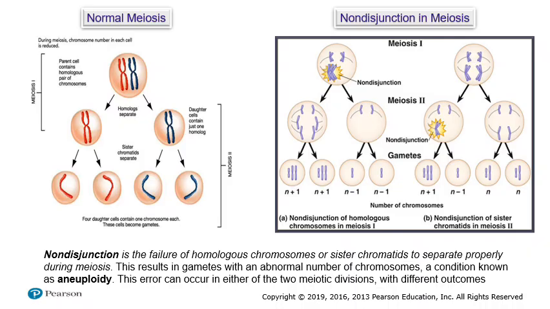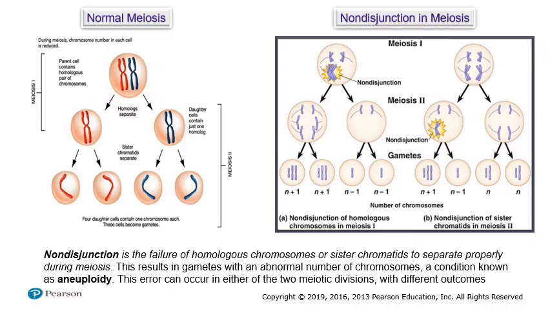So when the non-disjunction happens in the second meiotic division, 50% of the daughter cells will have normal haploid chromosomes, and the other 50% will be abnormal. Let's make a generalization. When non-disjunction happens in meiosis 1, all of the daughter cells will have aneuploidy: 50% will be n+1, 50% will be n-1.